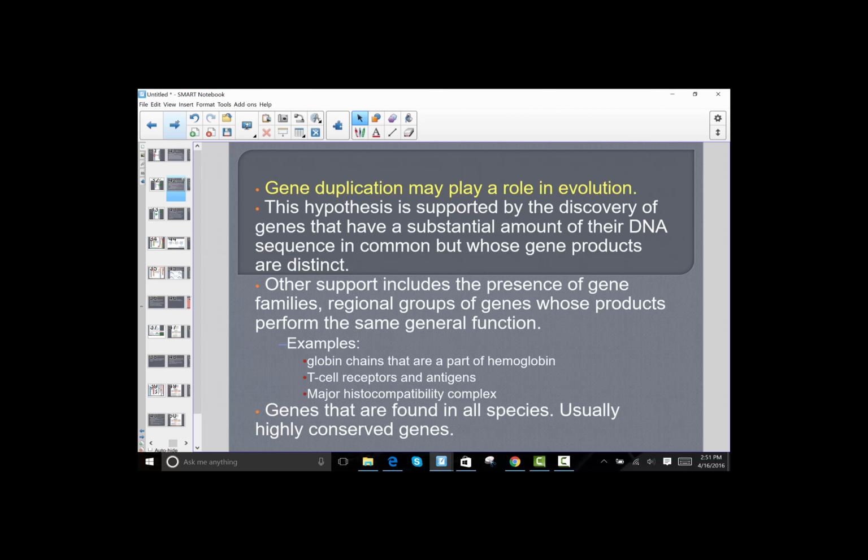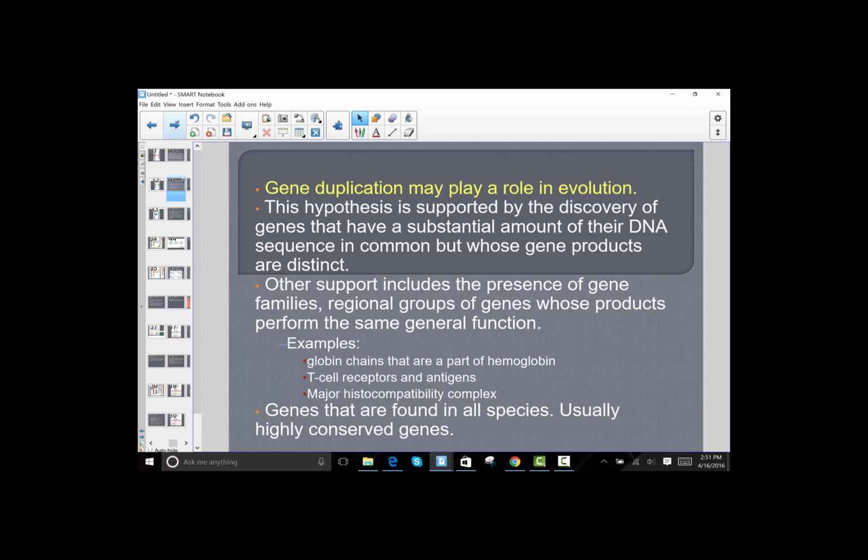We also have lots of different types of T cell receptors and antigens that are out there. And a lot of our major histocompatibility complex is the reason that we have such variation in these genes, because we have different genes that are forming different types of proteins that are found on the outside of our cells.